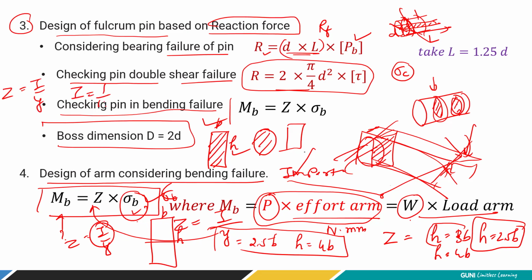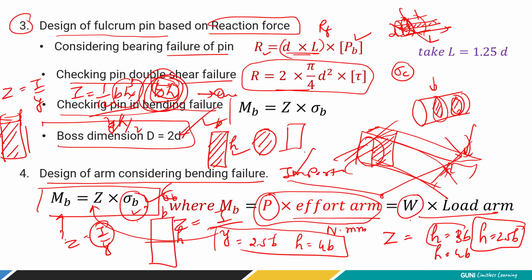I कितना होगा? हो सकता है 1/12 BH cube हो जाए, राइट? दोनों ही टर्म अननोन हैं. अगर उसको divide करेंगे y से, that is h/2, तो h निकल जाएगा. लेकिन B and H both are unknown terms. We cannot solve this mathematically. So we have to take a relation between these two terms. We can, because these are the two dimensions of a given cross section, nothing else. So we can simply take a relationship that one is double the other, or 3 times, or 2.5 times. So by taking the relation we are converting these 2 variables into 1 variable, and then we can solve the equation. Otherwise we cannot solve the equations, right?